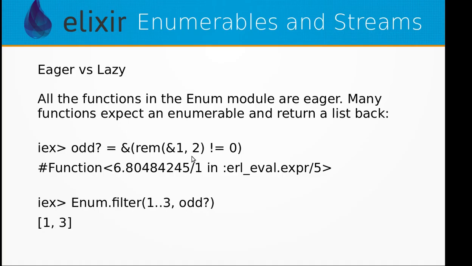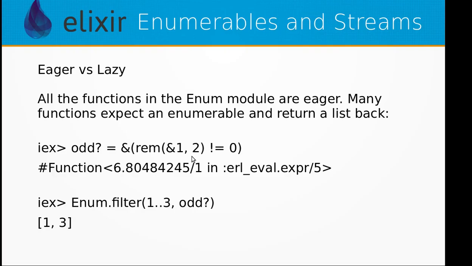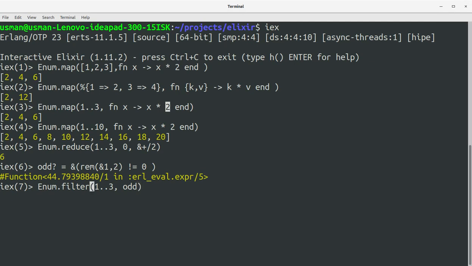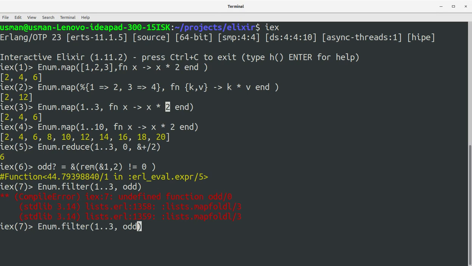Enum.filter, define a range and pass it to the odd function. Undefined function odd. Okay, odd?, we forgot to add the question mark. Okay, we got 1.